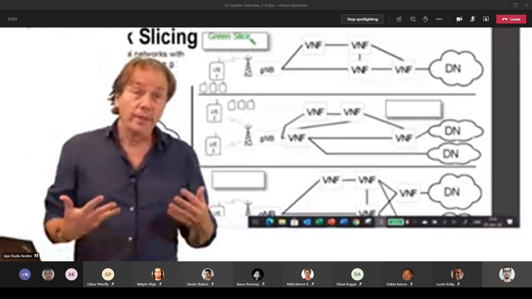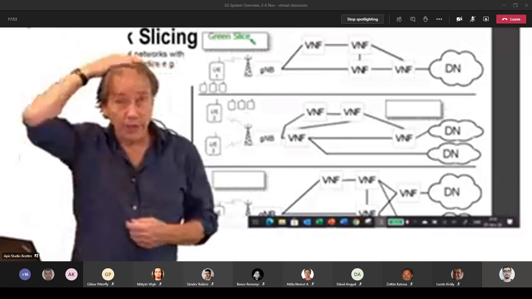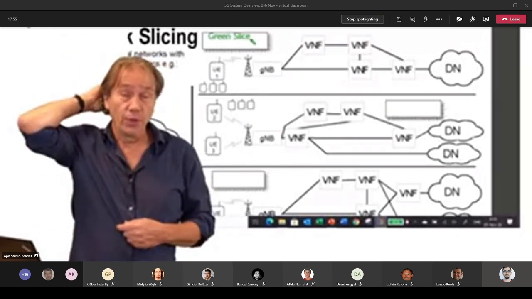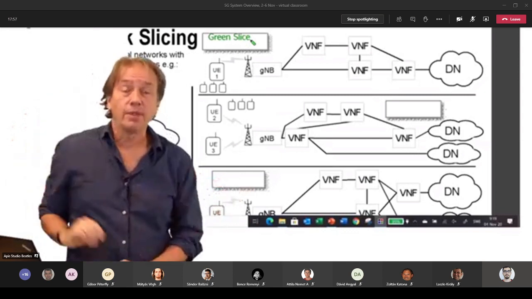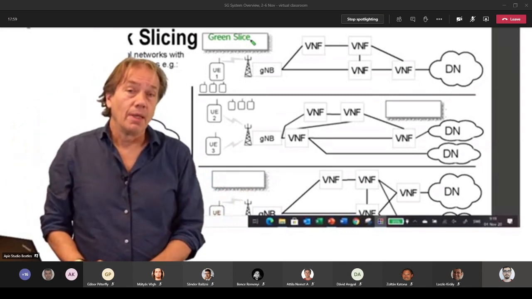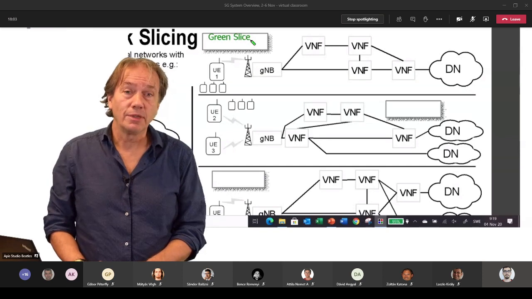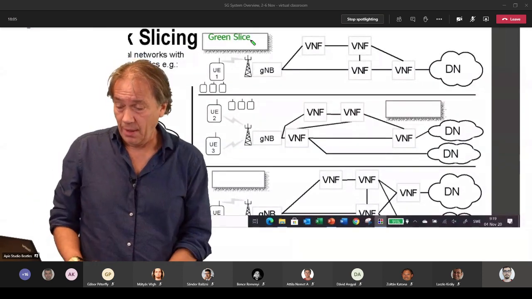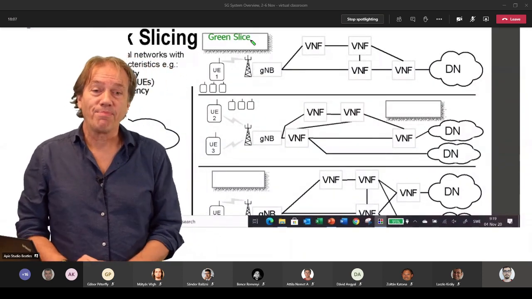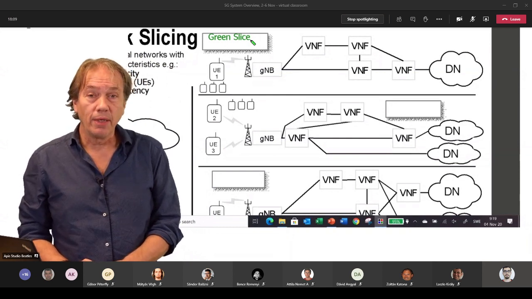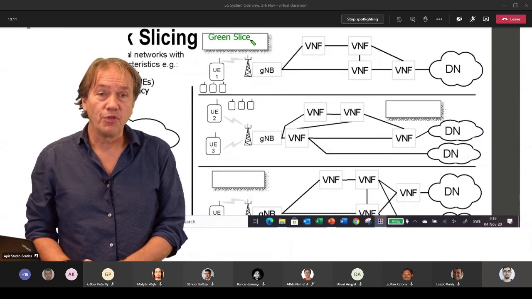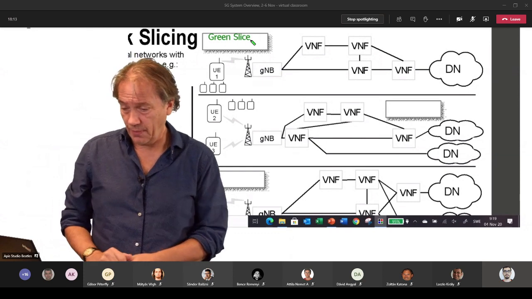And of course, in a real 5G network, the slices will not be called green and red and blue. The slices will have some network slice instance ID, which I suppose is a number, but to keep things relatively simple here, we will talk about different colors of slices.